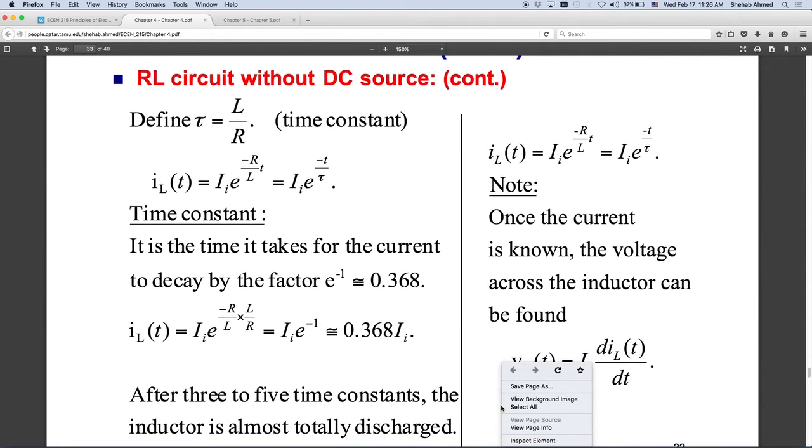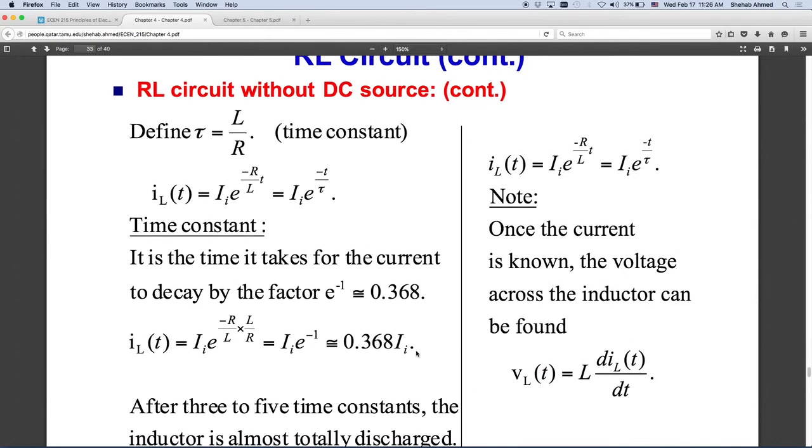In RL circuits, we define the time constant as L over R, so that we can end up with the same e to the minus t over tau expression. So in that case, tau will be L over R. So the time constant will be here L over R, and the numbers are exactly the same. So after one time constant, e to the minus 1 is 0.368.